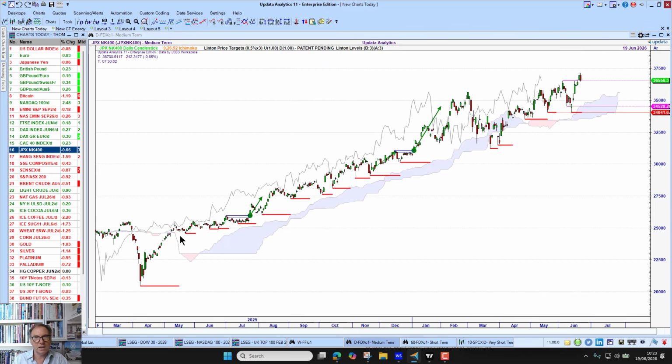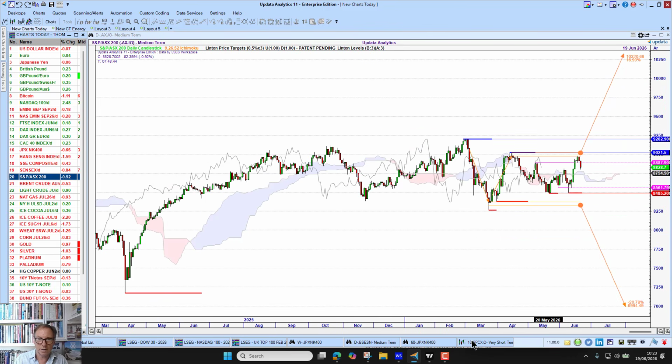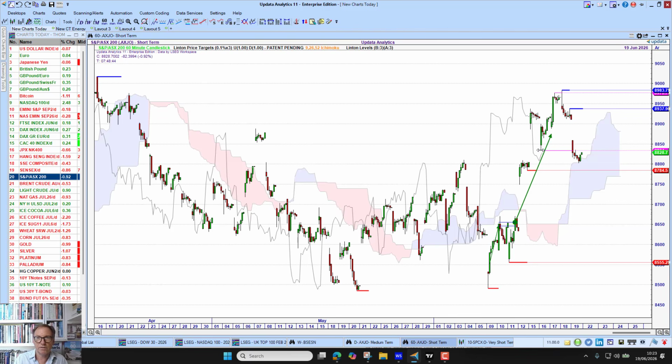Japan is just pulling back on that weaker yen, although that does mean higher profits for Japanese companies. We're seeing the Sensex hit quite badly, down nearly 1%, and the Aussie market also down nearly 1%. On the 60-minute chart for the Aussie, we went higher and then lower.